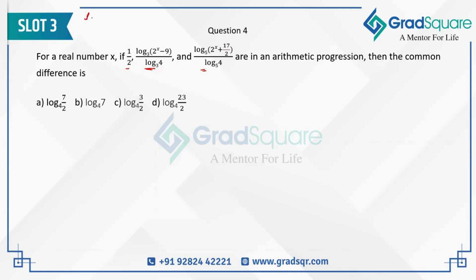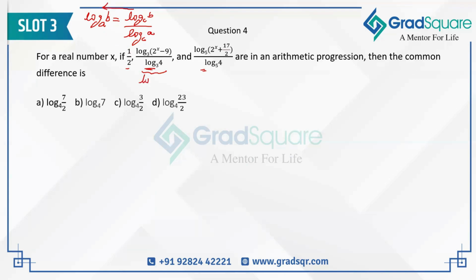an identity which we all know: log base c of b divided by log base c of a gives log base a of b. Understand that what they have given you here is the same base in the numerator and denominator. You can then apply this in the reverse direction and write it as a single log.